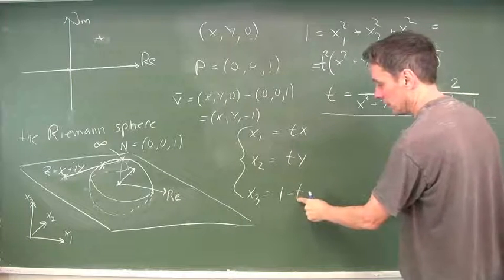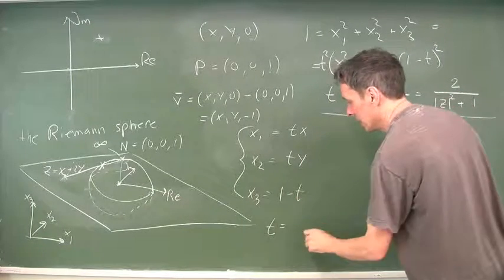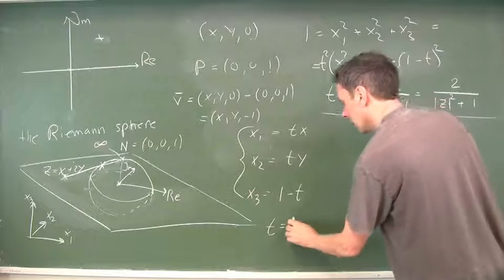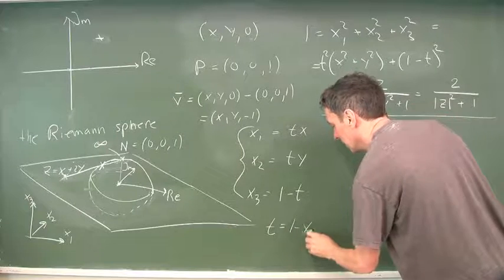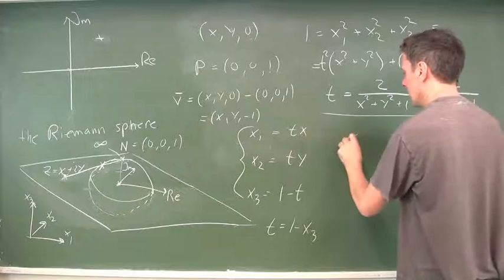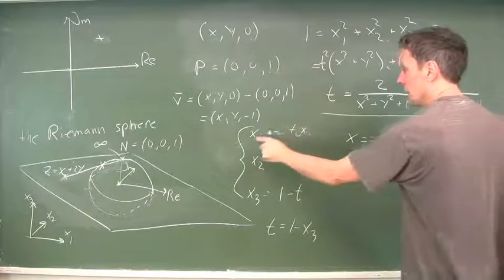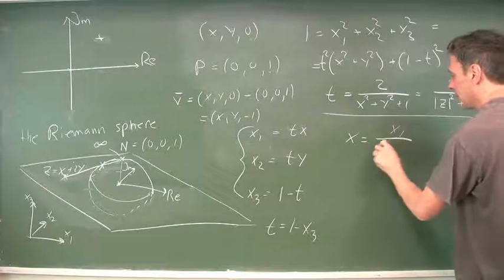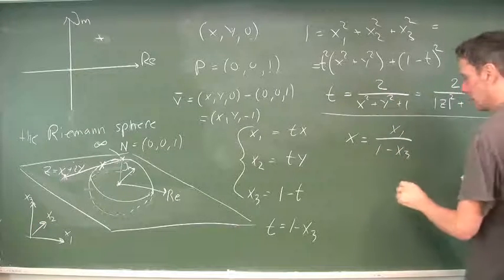We just note that from the last equation we see that t is equal to 1 minus x3. And then you see that here x is equal to x1 divided by t, that is x1 divided by 1 minus x3.